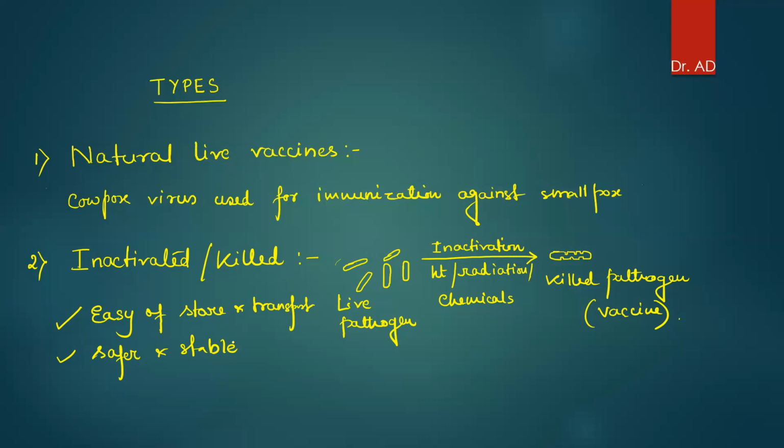See, there are various advantages apart from these. No mutation or reversion to wild type forms is possible. It's not possible whatsoever. Why? Because it is already dead. How can mutation occur in this? So no mutation or reversion to wild type forms possible.